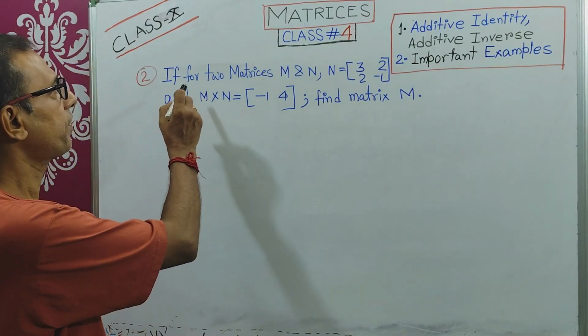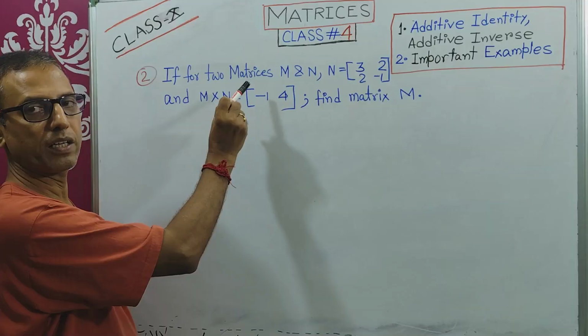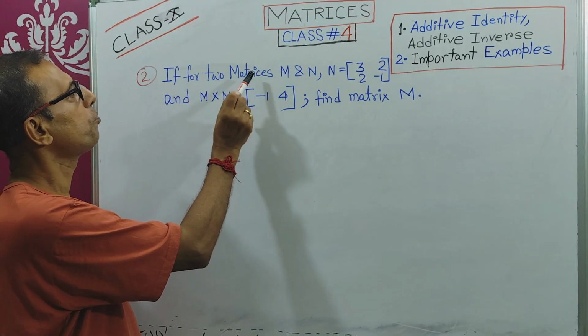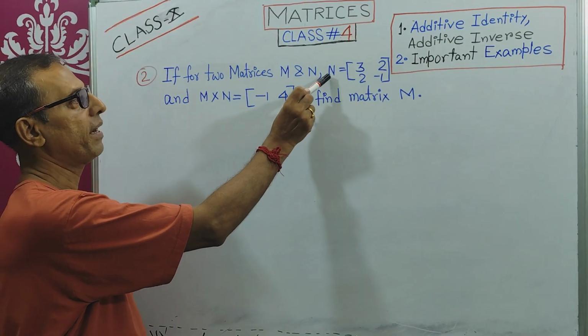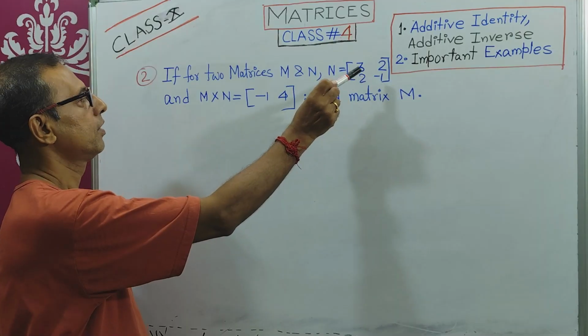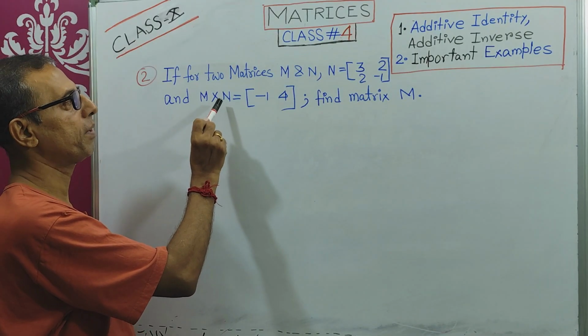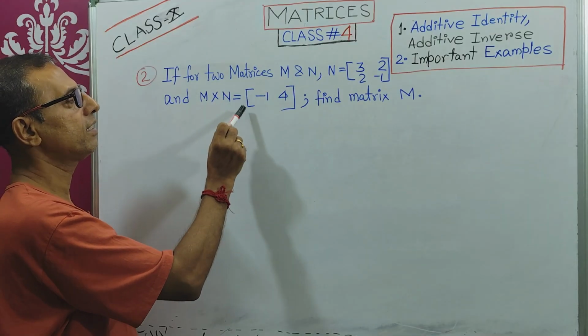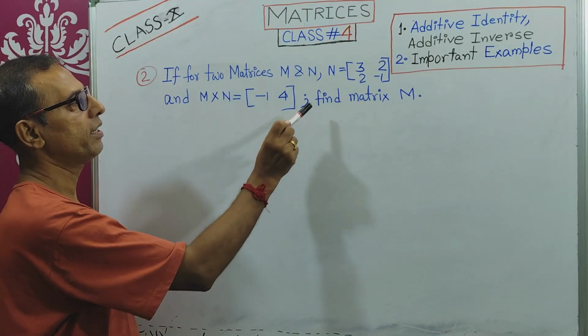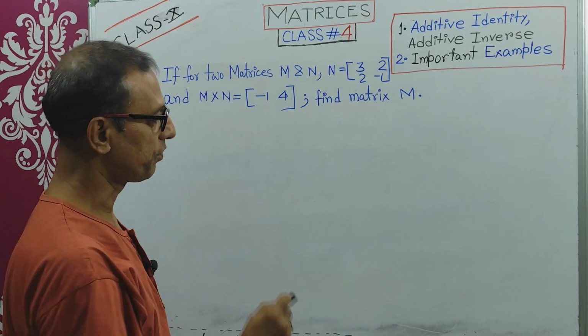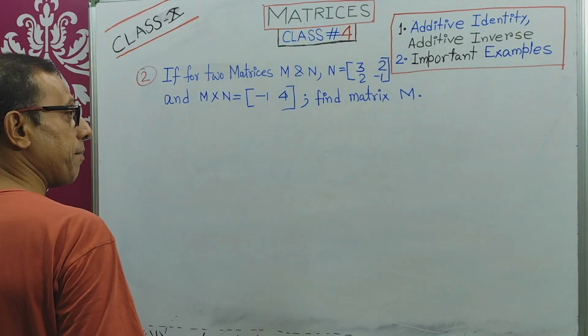Okay, this is a very interesting example. For two matrices M and N, matrix N is given, and the product of M and N is also given, that is -1, 4. Then find matrix N. A very interesting and very important example.